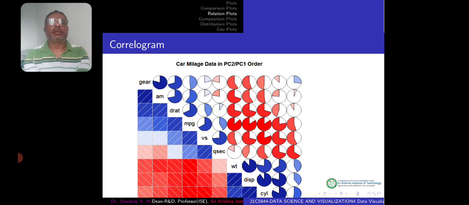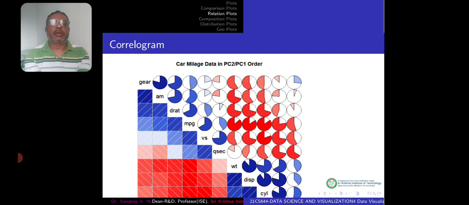If we assume that dark blue talks about maximum, then it gives a maximum value for the relation between gear and AM. Gear and DRAT is a little duller, but still a darker blue. So it's almost a maximum, but a little less than the previous one.